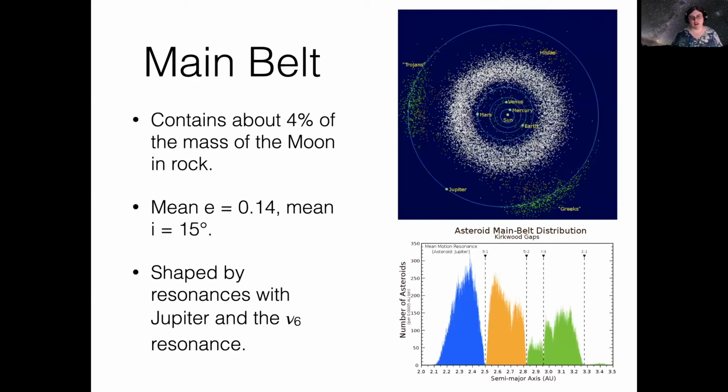All right, so let's look at the belts first. The main belt has about 4% of the mass of the moon in terms of rock. And most of that mass is in the handful of large objects, including the dwarf planet Ceres. Now, you can see it's more eccentric than all of the planets except for Mercury.